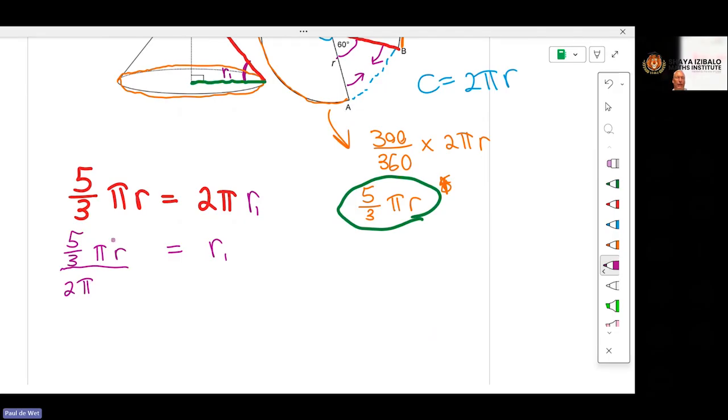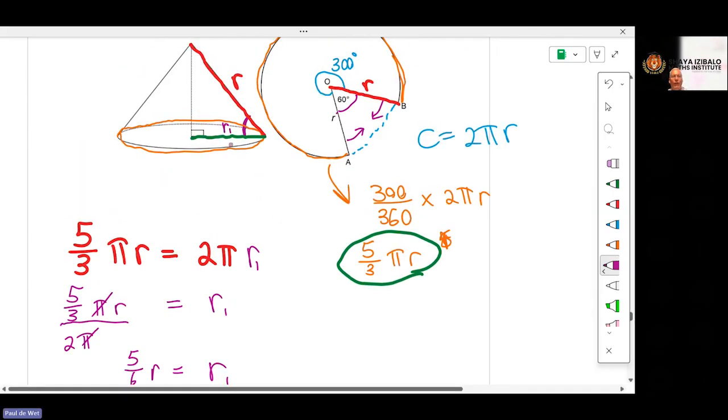The pi's divide out, and I get 5 over 3 divided by 2, which is 5 over 6 r. So r1 is 5 over 6 r.